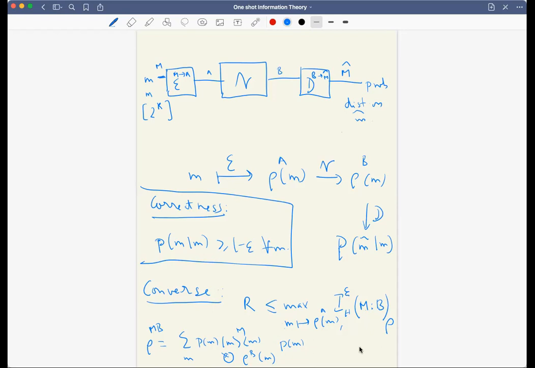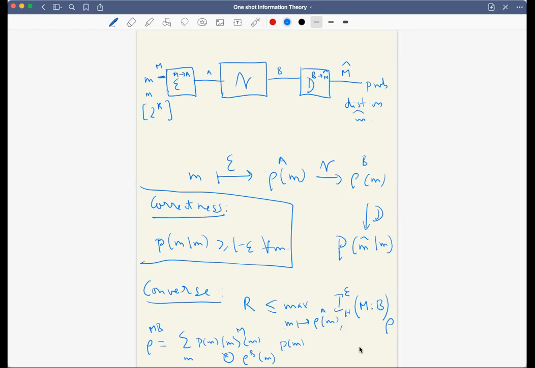But Pranav, the achievability cannot be this. There will not be the maximization over distributions on M, right? Well, think of a new sample space M. When I'm talking of the converse, don't think of M as the message set. So you're pretty much treating the message space as the symbol space.